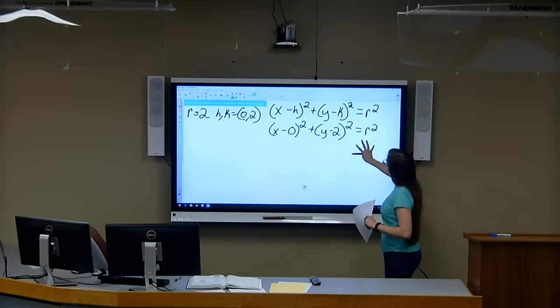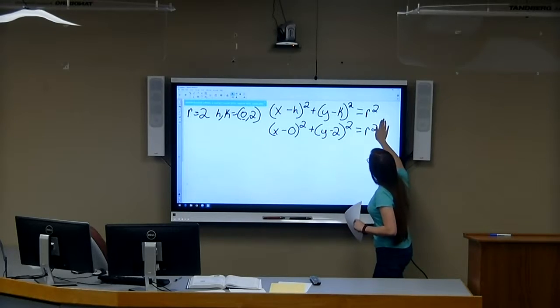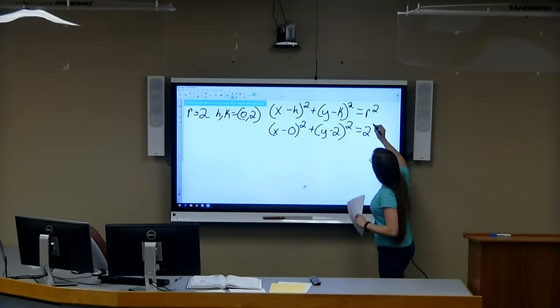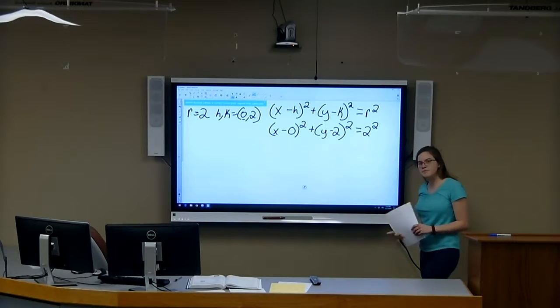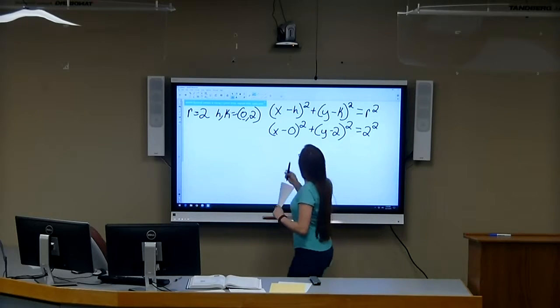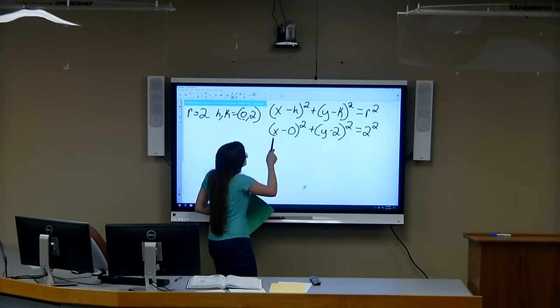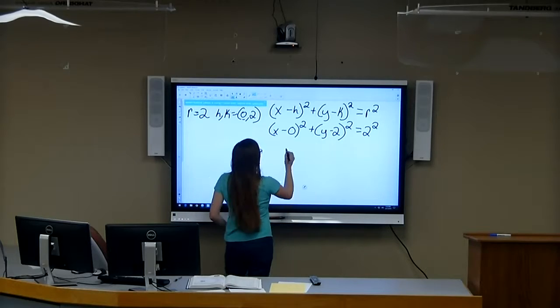However, this shouldn't be r. My bad. Your radius is 2, so this is going to be 2 squared. This is the standard equation, but it has to be simplified before it's the answer. So you'll see if you can simplify this part. x minus 0 is not going to change x at all, so that's going to just give you x squared.